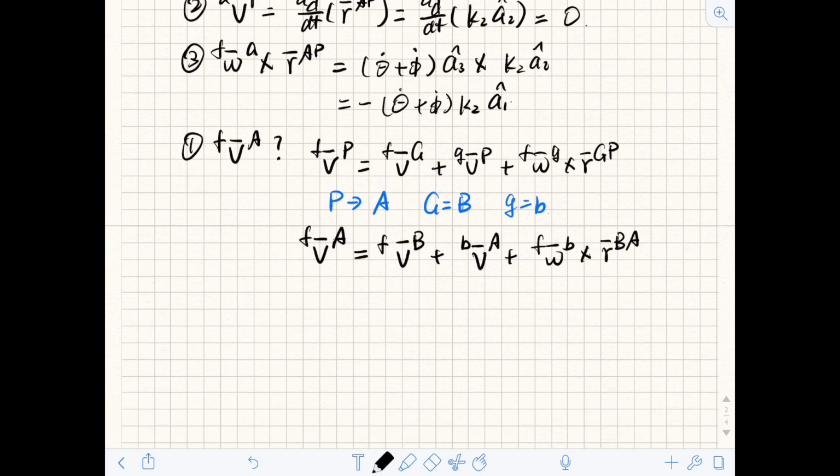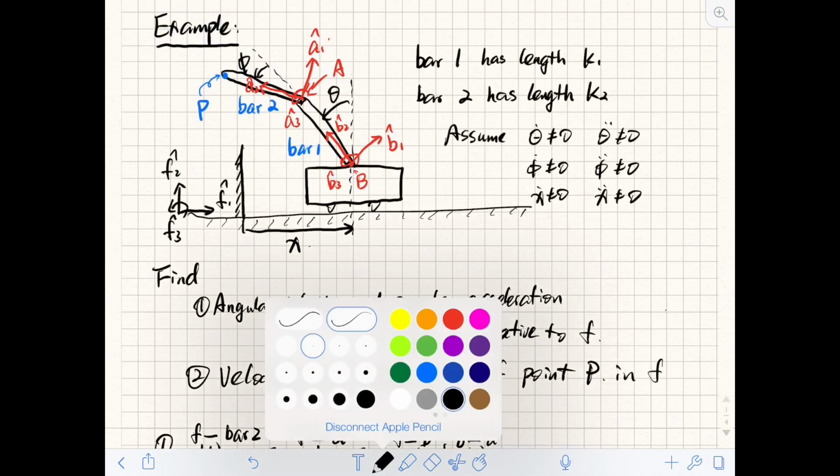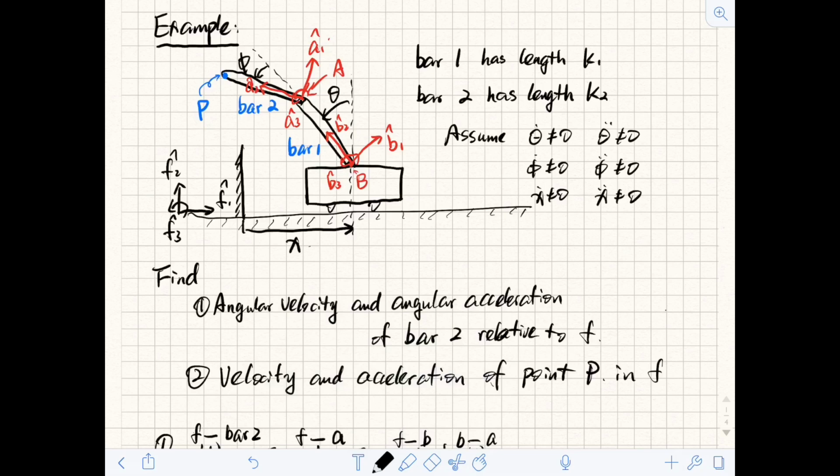Again, let's work out this term by term. Since we have used numbers 1, 2, 3, we'll use 4, 5, 6 here. Let's start with term 4. The velocity of point B in F is equal to the derivative of the position vector FB. And let's call F as fixed in the inertial frame. Let's go back to the figure. So B is moving with the cart.